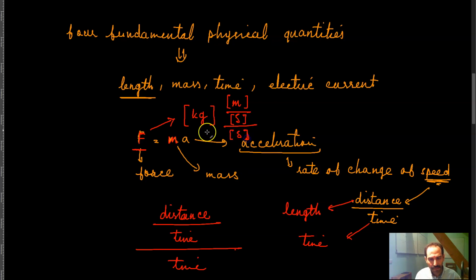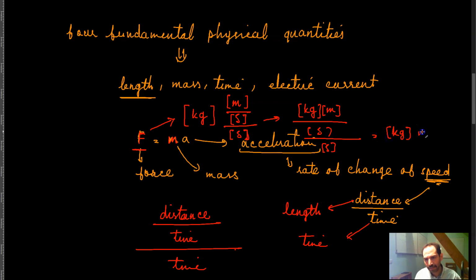So you have kilogram times meter divided by second, and that is the same thing as kilogram times meter divided by second squared.